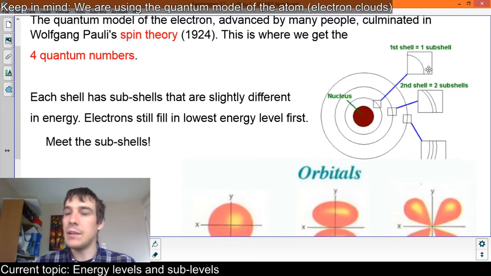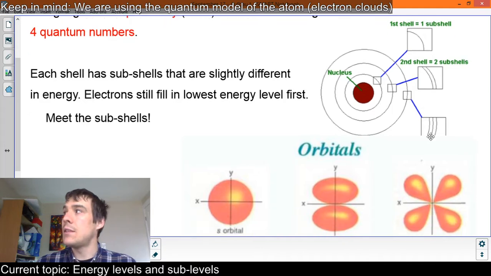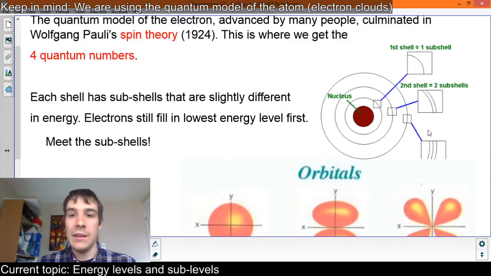And what they worked out here was the first shell just had 1 subshell. The second shell, though, in what they had as Bohr diagrams, actually had 2 subshells. And the third shell had 3. Guess how many the fourth shell had? Yeah, 4. Of course it had 4 shells.